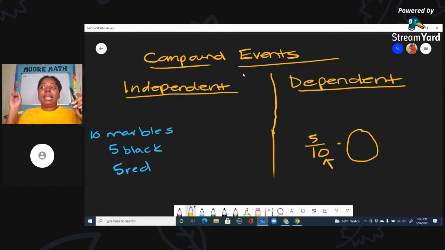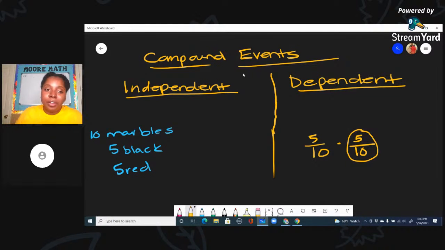So I picked it, and then I put it back in the bag. Is that going to change my probability now? How many marbles do I have? 10. Okay, and then what's the probability of getting a black? 5. Okay, so is that independent or dependent?